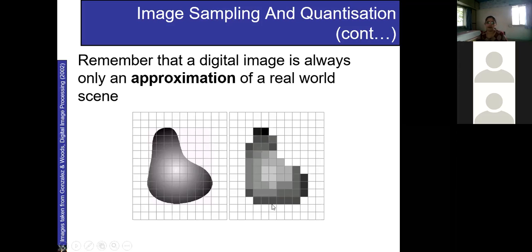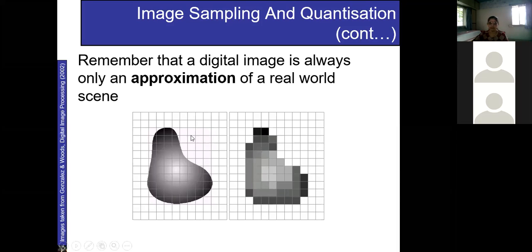When we go for actual digital images captured by various digital techniques, there are comparatively large numbers of samples and we are unable to observe this blocky nature. It gives the effect of a continuous signal; visually it looks like a continuous picture.